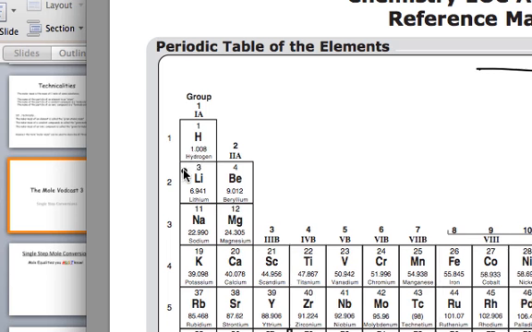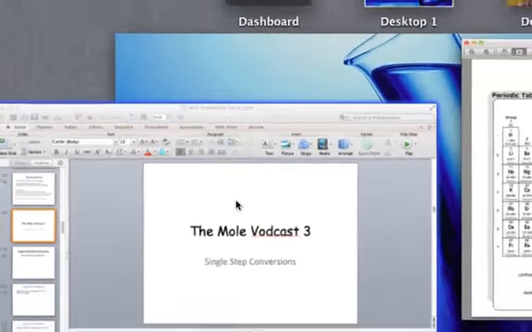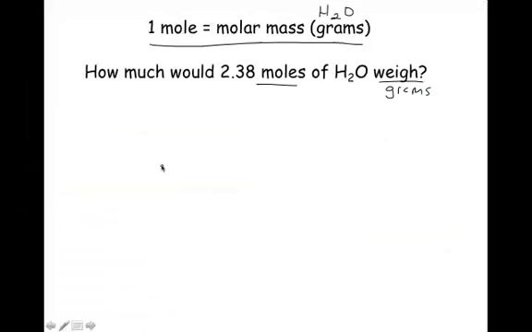So I'm going to use 1.0079. If you use 1.008, you'll get a very, very slightly different number as your answer, and that is okay. It's not going to be wrong, so don't worry about it. It'll be slightly off in the 3rd or 4th decimal place. That's okay. Don't worry about that. All right, so let's come back over here. So we have 2 hydrogens.